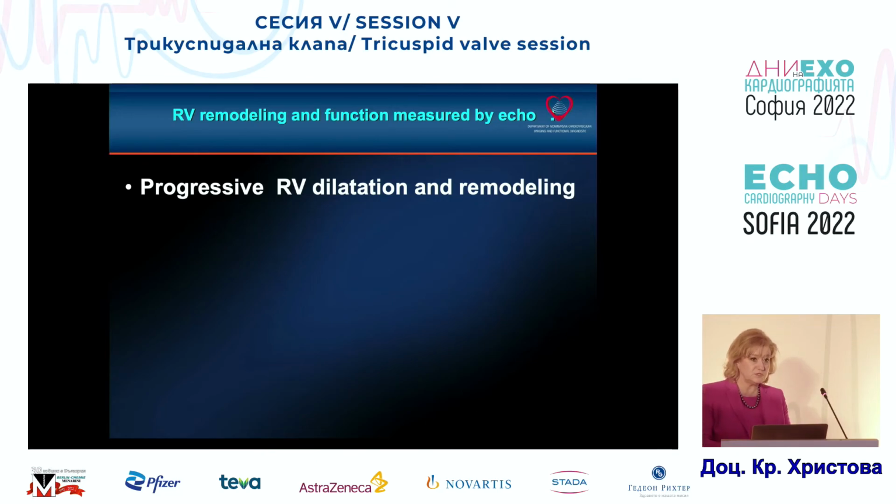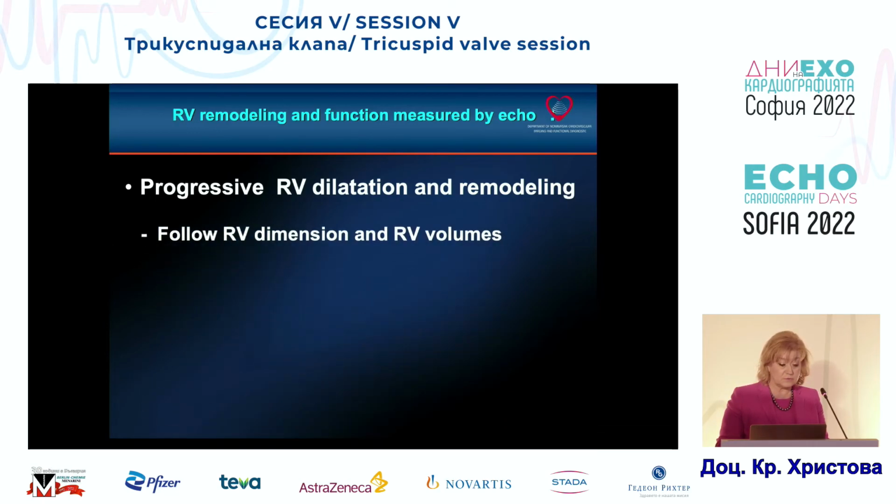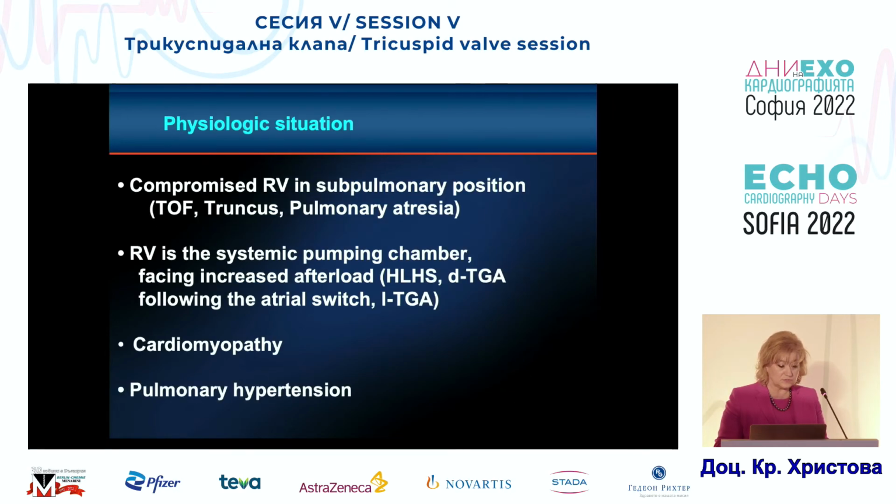Това мисля, че е ясно на всички присъстващи в залата, но ремоделирането така или иначе настъпва с времето и промяната в размерите и обемите на дясната камера е доказателство и факт. Също така при една прогресираща трикуспидална регургитация ремоделирането е факт.